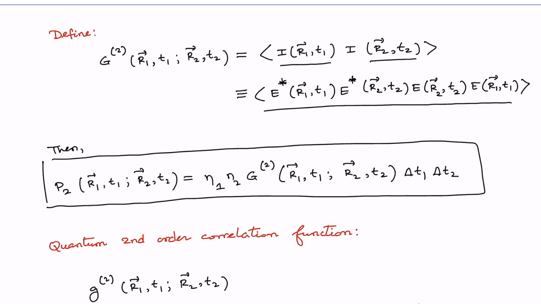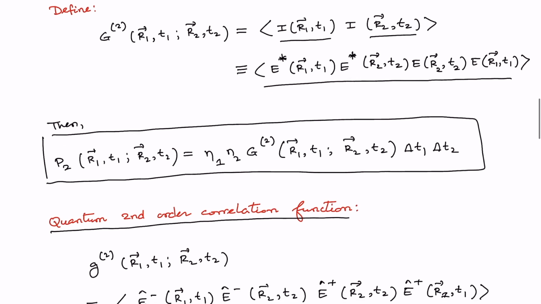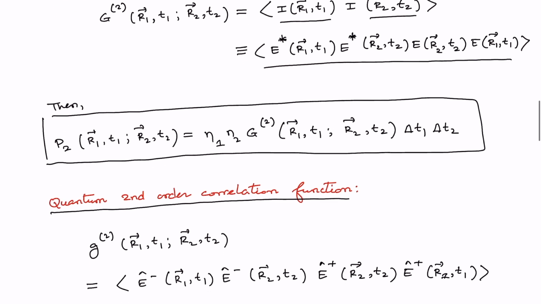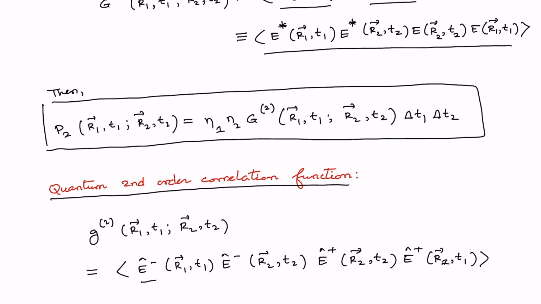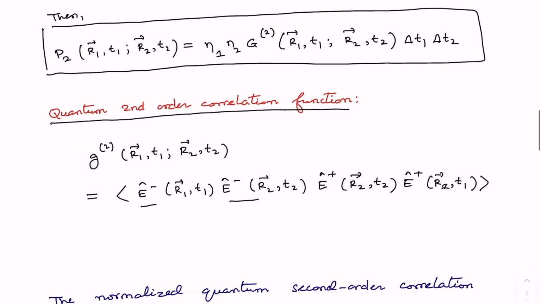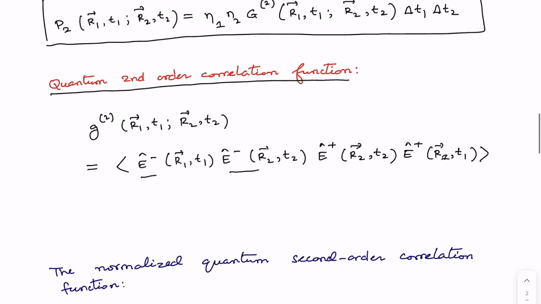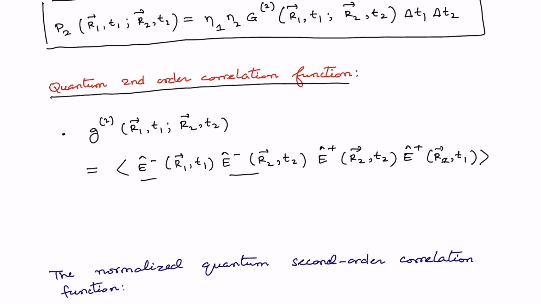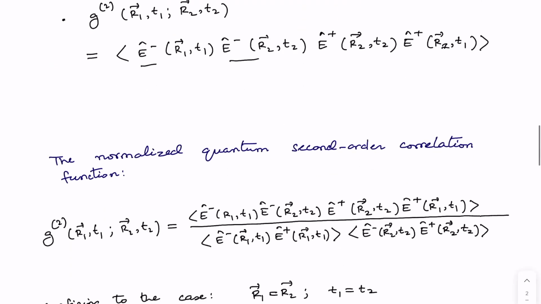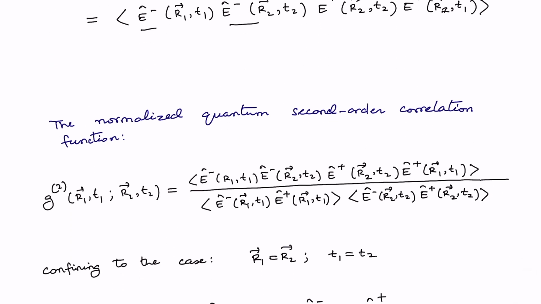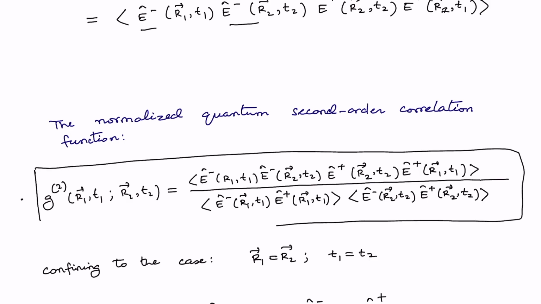Then we discussed the so-called quantum second order correlation function. Now the electric field is considered quantum mechanically, so the electric fields are replaced by their corresponding operators. Rather than this second order correlation function, we are more interested in the normalized second order correlation function, which is normalized with respect to the intensities, and is written in this particular form. It is dimensionless because it is normalized.